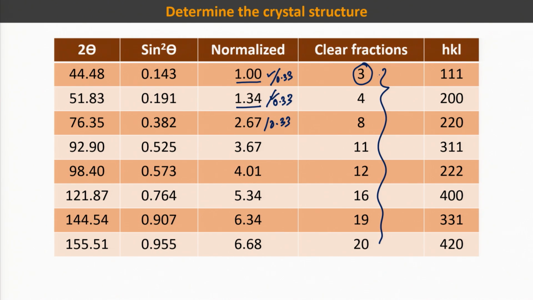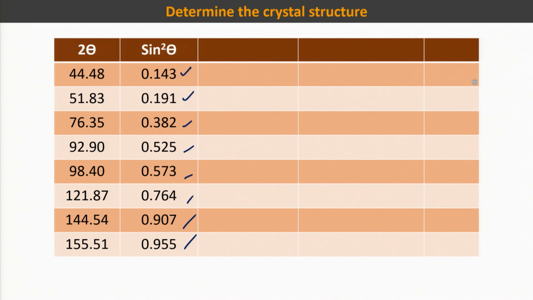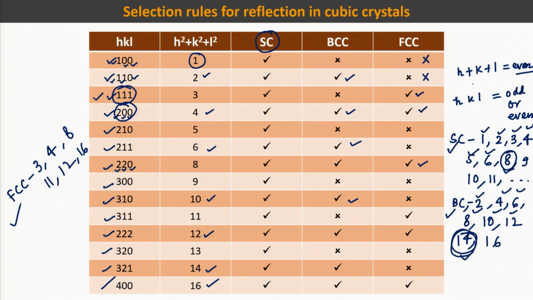Okay. And now, for this integer value or clear fraction value, you have to calculate the possibilities of different HKL, where h square plus k square plus l square should have this clear fraction value. In case of 3, for this h square plus k square plus l square, you have only one option, that is 1 1 1.